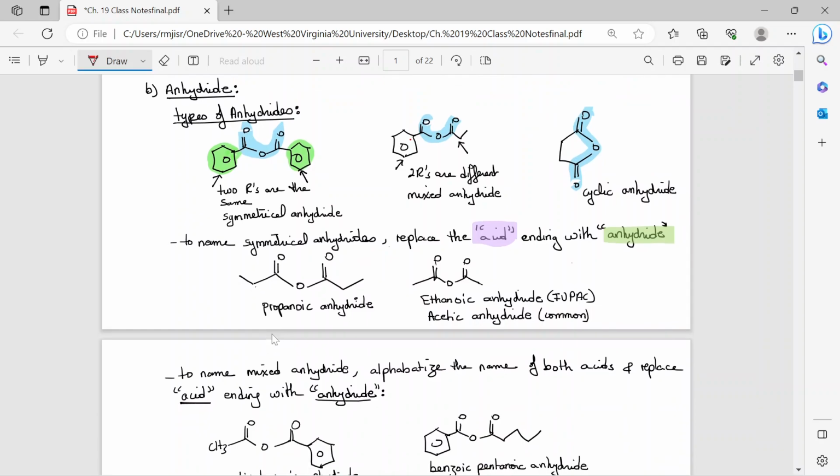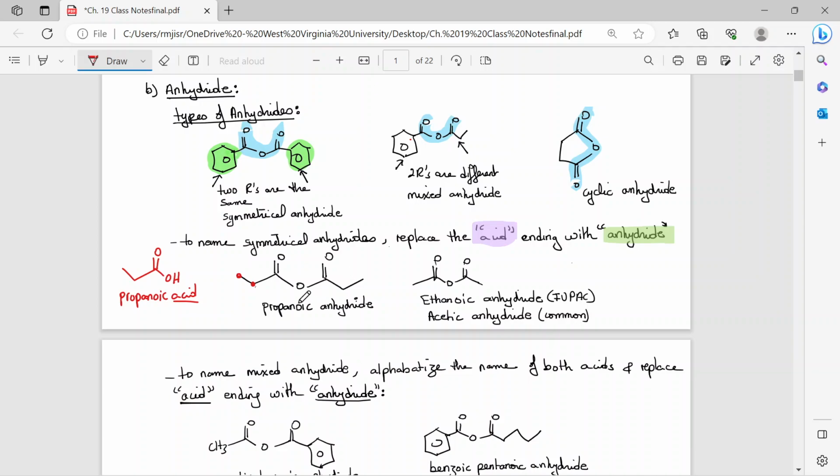So now to name symmetrical anhydrides, what you need to do is just name the acid that it is derived from. This is symmetrical, so I know that the acid that this anhydride is derived from is this acid over here, and this is going to be a propanoic acid. This is the only type of acid in there because the R is the same.